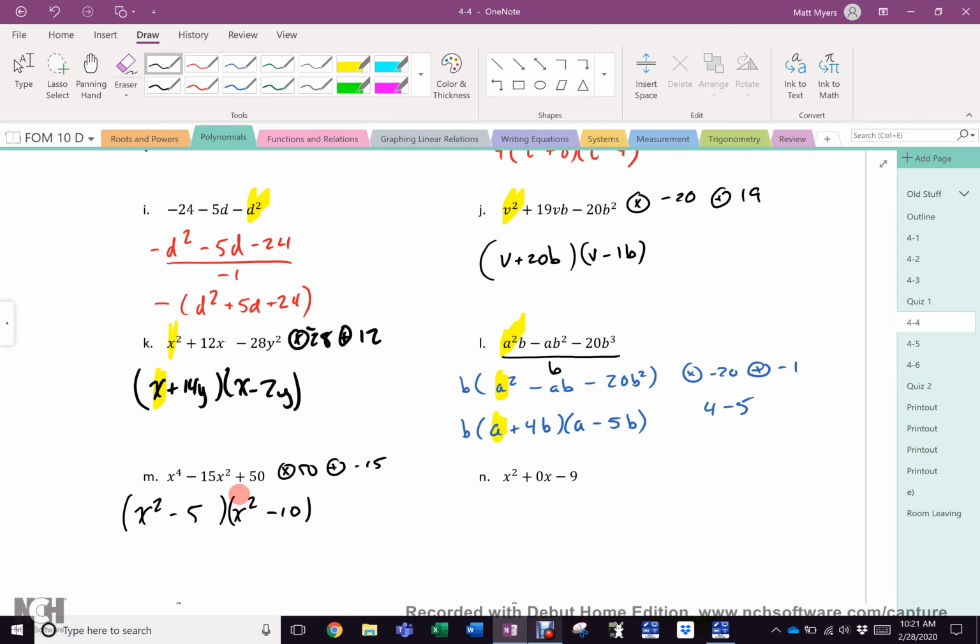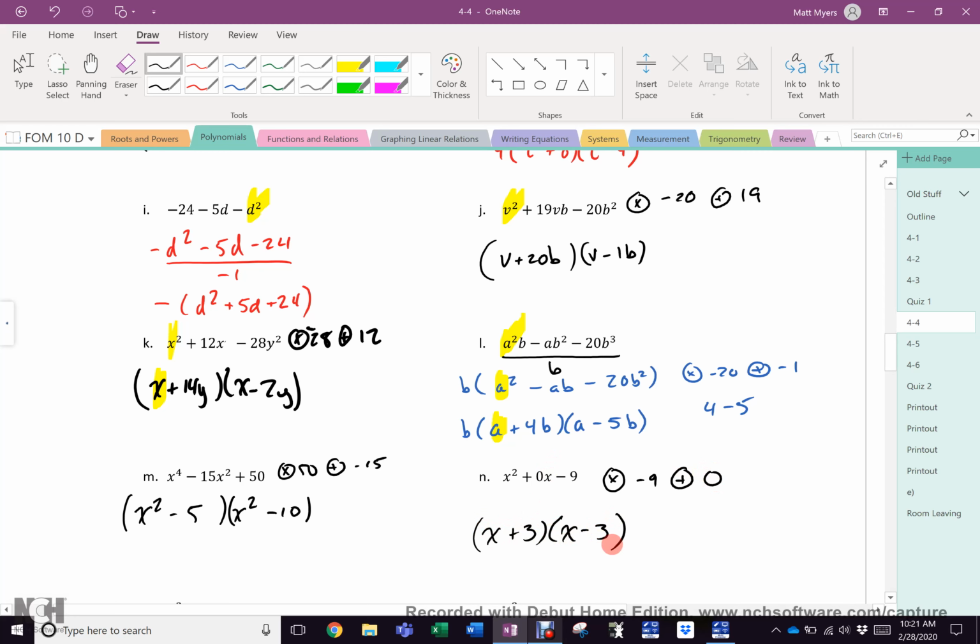Now what's weird about n? 0. I need numbers that multiply to what? Negative 9 and add to what? 0. Huh. Is it 1 and 9? So what is it? It's got to be 3 and 3, doesn't it? X plus 3, x minus 3.